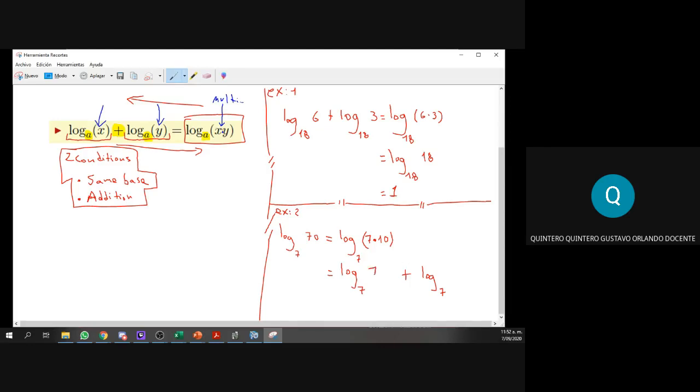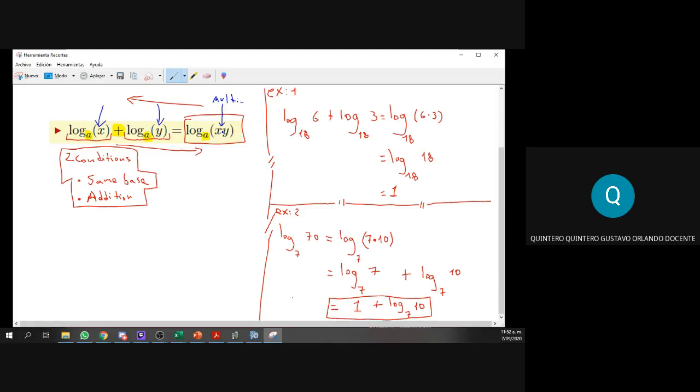So here a 7 and here a 10. Of course, we can simplify this a little bit. This is logarithm base 7 of 7. This is 1, right? So this is 1 plus the logarithm base 7 of 10, which is, I have no idea how much that is. We're going to have to use a calculator for that one.